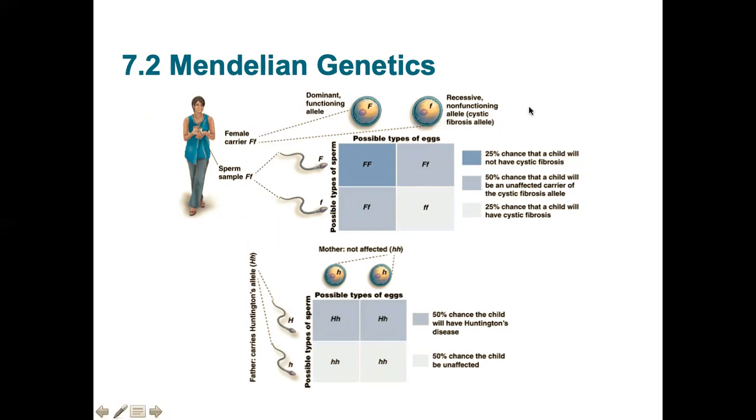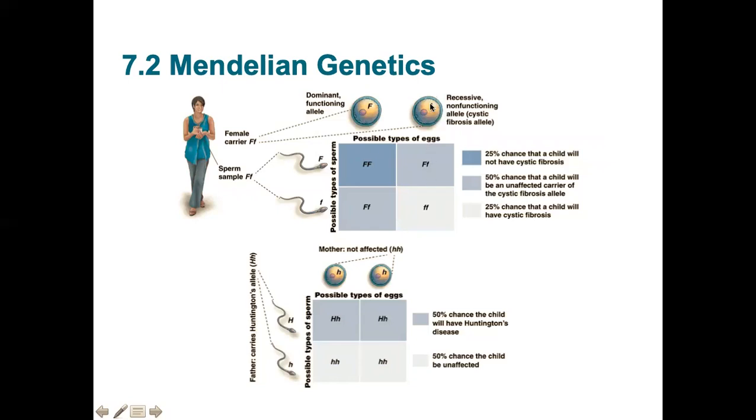Because they end up with one allele in each gamete. And so you have a capital, a lowercase, a dominant and a recessive, and then you cross them. So if you have a dominant dominant, the phenotype is going to be no fibrosis.